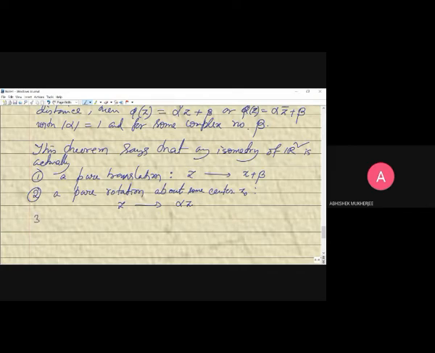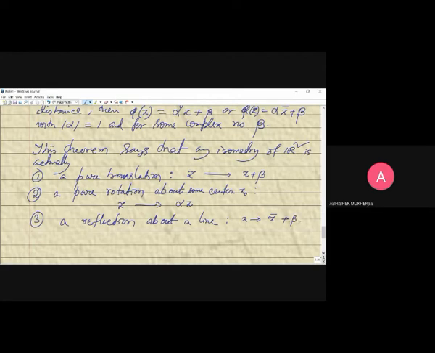Or number three, a reflection about a line, that means z goes to z bar plus beta.